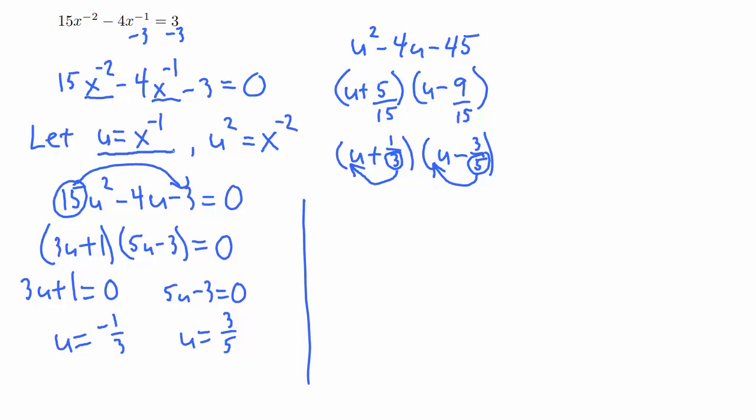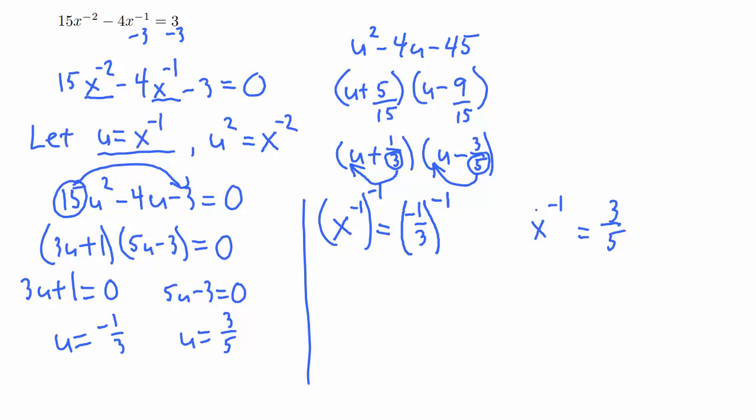But remember, we said u is x to the negative 1 power. Therefore, x^-1 must be equal to negative 1/3, and also x^-1 must be equal to 3/5. The reciprocal of negative 1 is, again, negative 1.